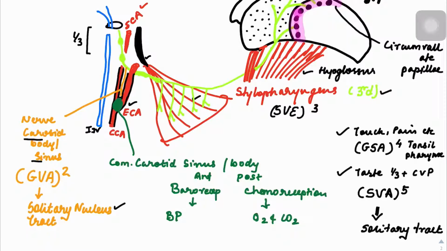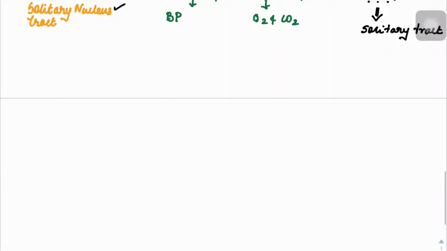And ultimately it reaches the posterior one-third of the tongue, where it carries two sensations. One is general sensation, not only from the posterior one-third but also from tonsillar areas and pharynx, which is called general somatic afferent, and taste sensation from the posterior one-third of the tongue and the circumvallate papillae, which is called special visceral afferent. So the glossopharyngeal nerve has 5 components.